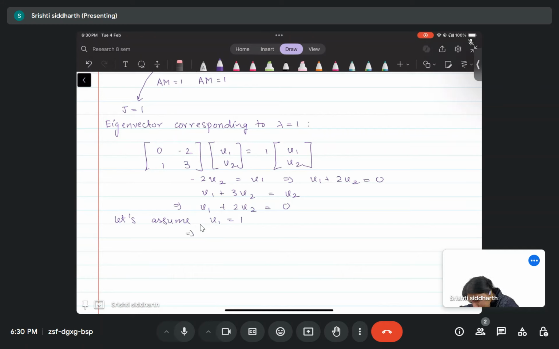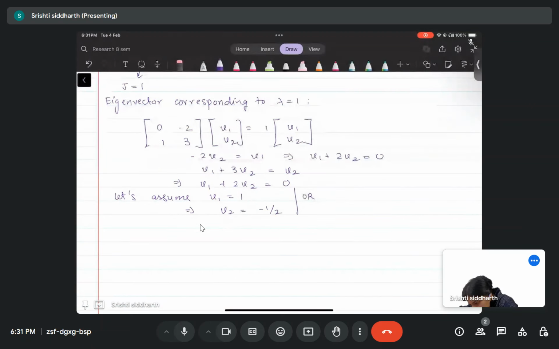This implies this half. Or what you can do is assume v2 to be 1. Then we have an eigenvector minus 2, 1, which is non-unique.